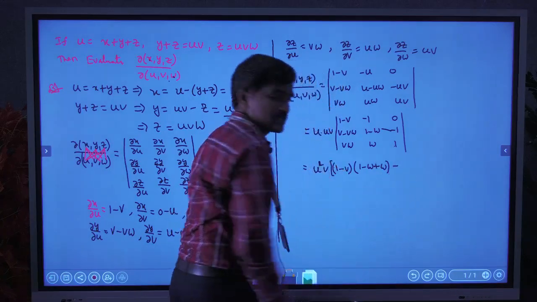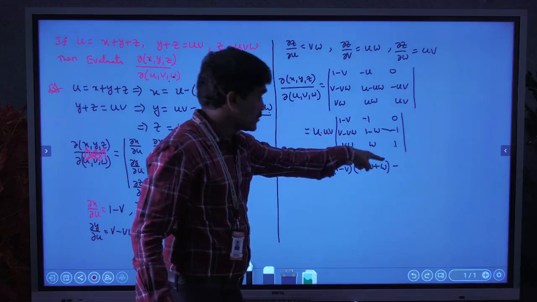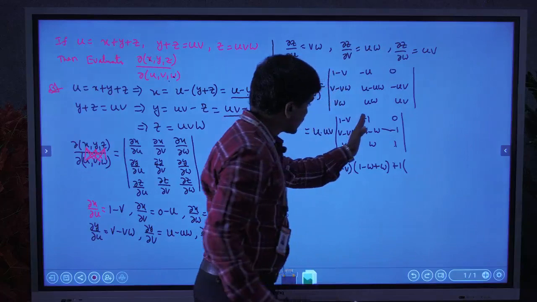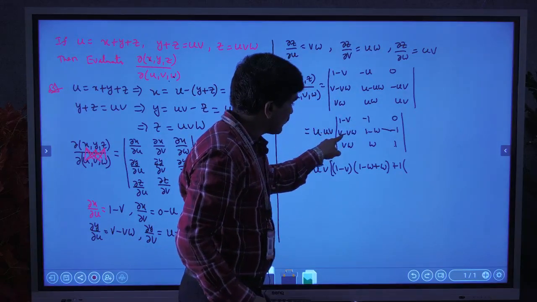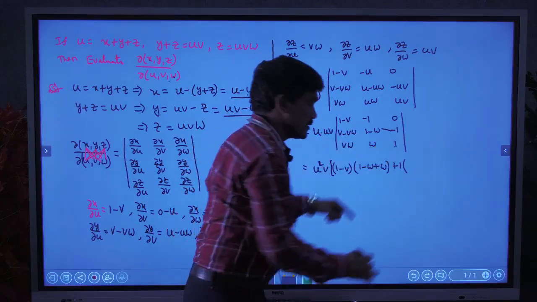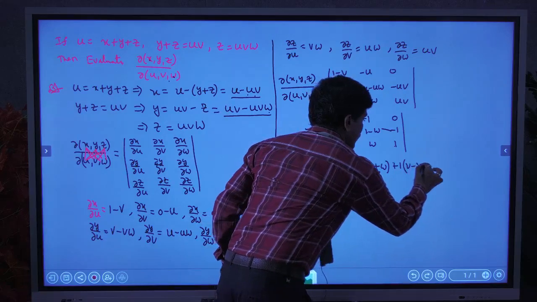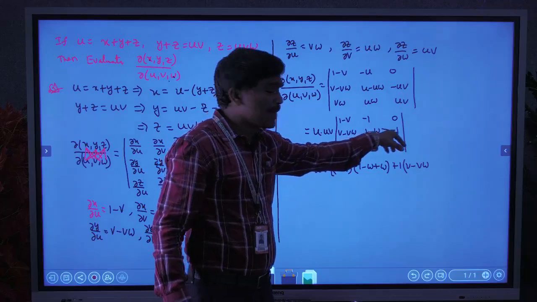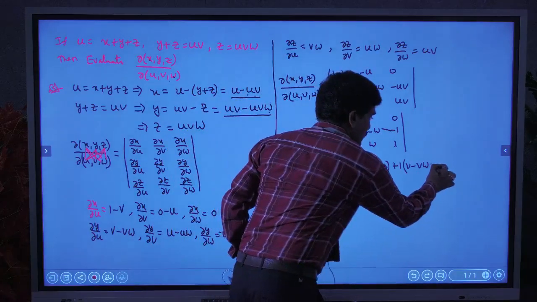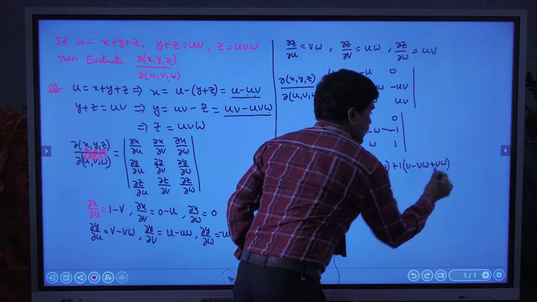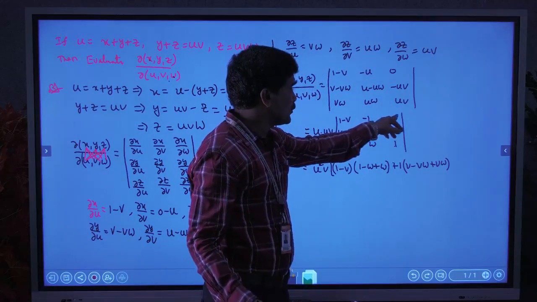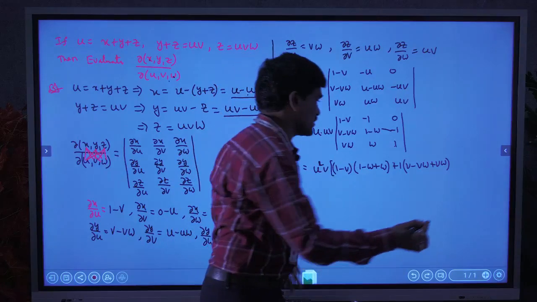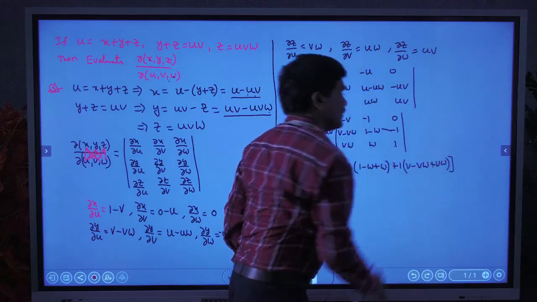Next, minus, here we have minus 1, so minus of minus gives plus 1 into the remaining submatrix: v minus vw into 1, so we get v minus vw. Next, minus, so vw into minus 1, so minus of minus gives plus vw. Next, plus 0 into the remaining determinant, 0 into something, then we get 0 clearly, right?